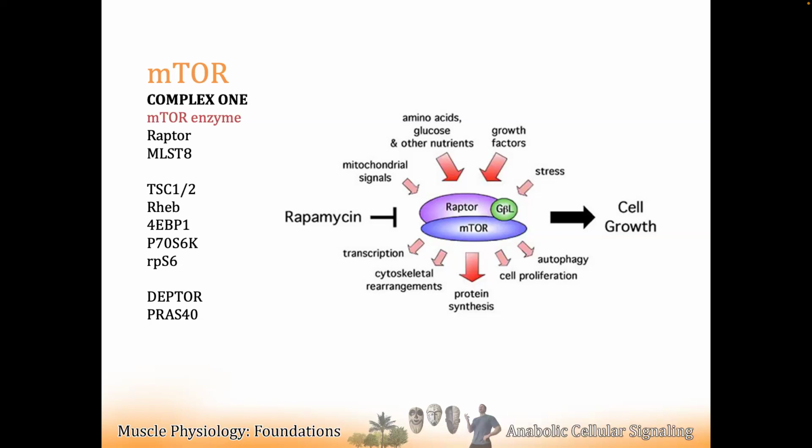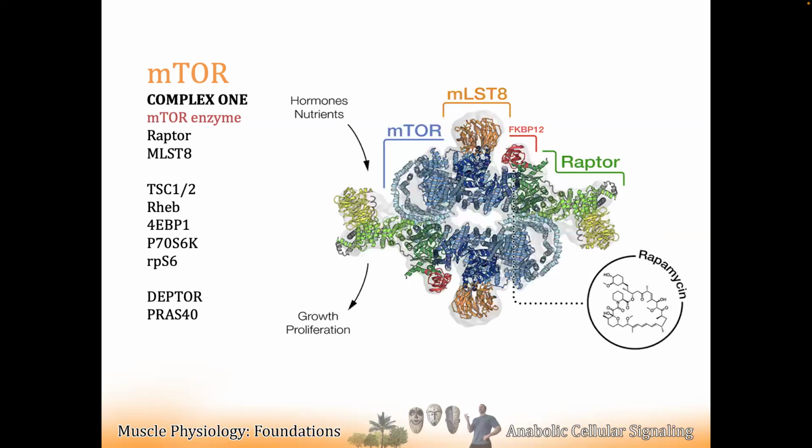But just notice its existence on the left of the slide here, rapamycin. It's not myosin, it's mycin, and it's blocking the mTOR complex, which has mTOR, Raptor, and Gable in it. MLST8 or Gable here, it's listed as Gable, G beta L. And then downstream from mTOR is a bunch of signaling for protein synthesis and cell proliferation.